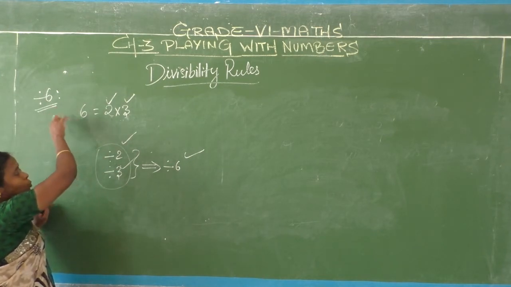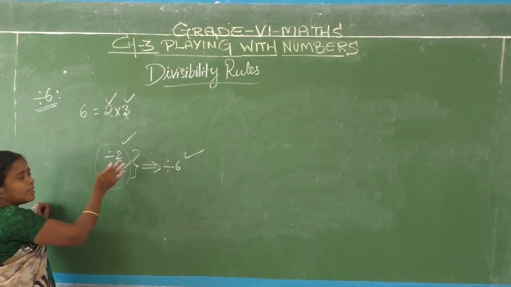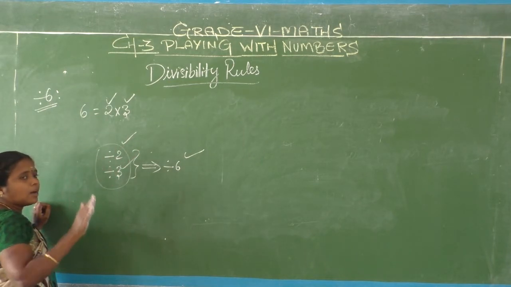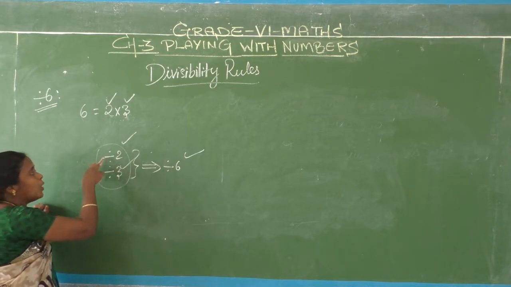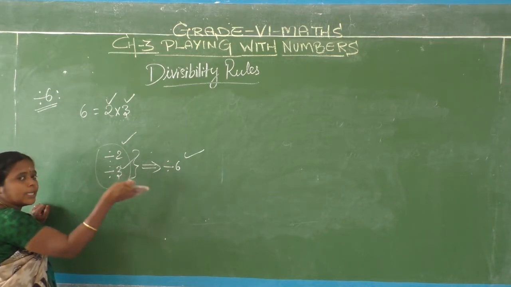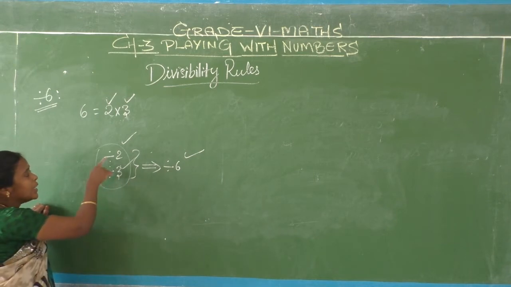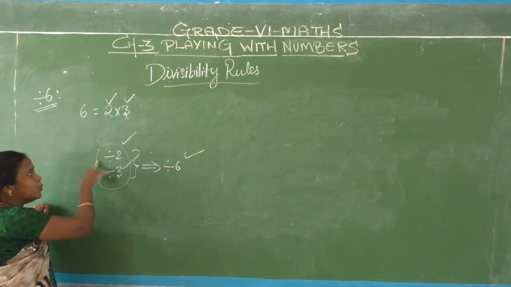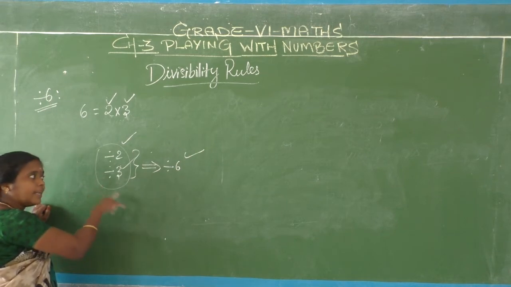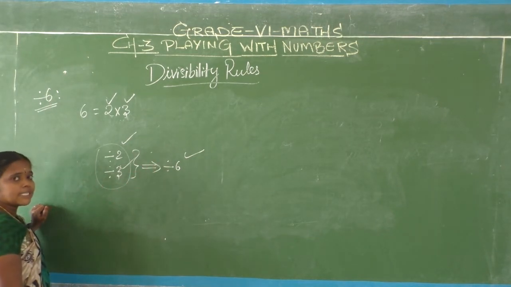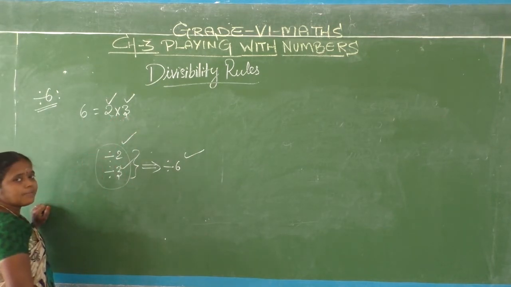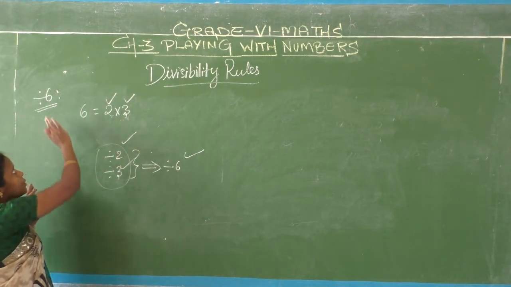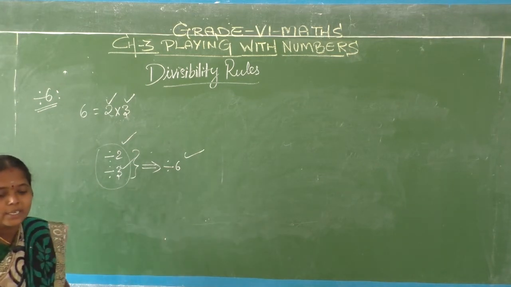For checking whether a particular number is divisible by 6 or not, first of all, we have to apply these rules together. If the number is divisible by 2 and 3, then it is also divisible by 6. Why? Because 2 and 3 are factors of 6. Clear? This is the rule for divisibility by 6.